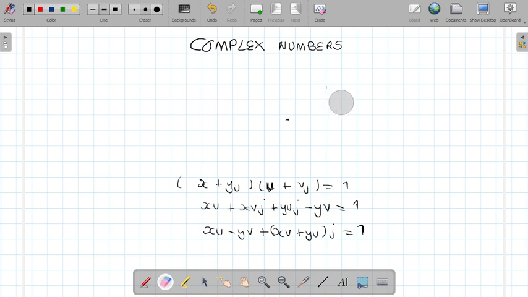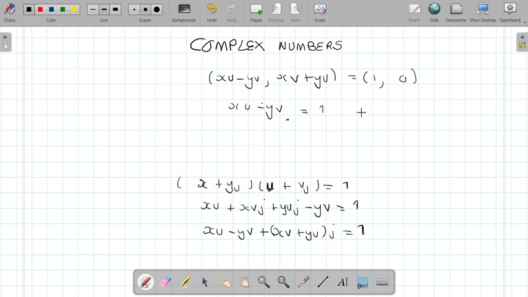Here we have xu minus yv. If I think about this complex number as an ordered pair, the second component is xv plus yu. Now this has to be equal to (1, 0). This means that xu minus yv is equal to 1, and that xv plus yu is equal to 0.